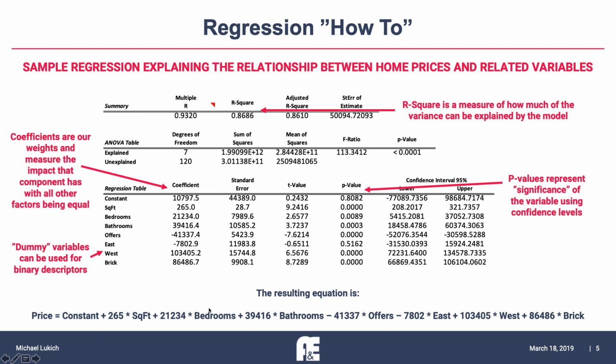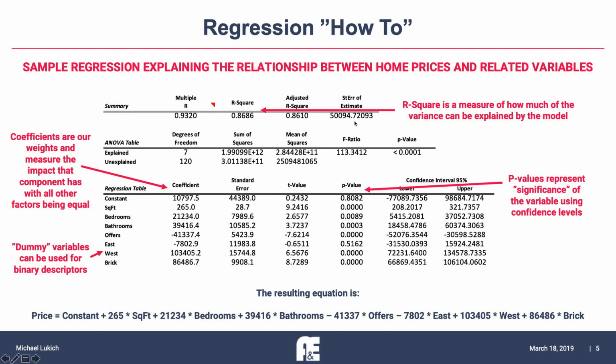So our resulting equation here at the bottom is that the price is equal to our constant, which is this coefficient here, plus a coefficient times the square footage, plus a coefficient times the number of bedrooms, plus a coefficient times the number of bathrooms, etc. So you see this detailed equation, but it does a fairly good job of explaining the overall model and the overall price of a home in this scenario.